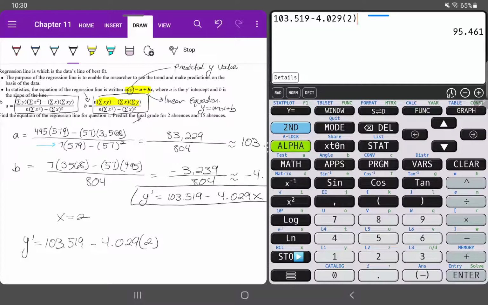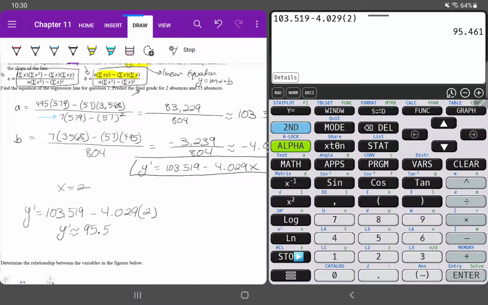Let's round to the closest whole number. Now we take one number after the decimal. That should be fine. Y is approximately 95.5. So predicting 2 absences in this case will have a final grade of 95.5. Once again, when we predict 2 absences, the final grade will be 95.5.